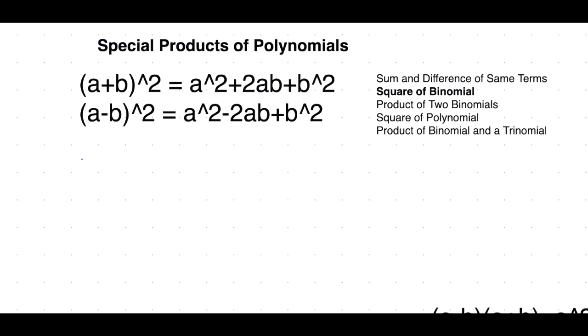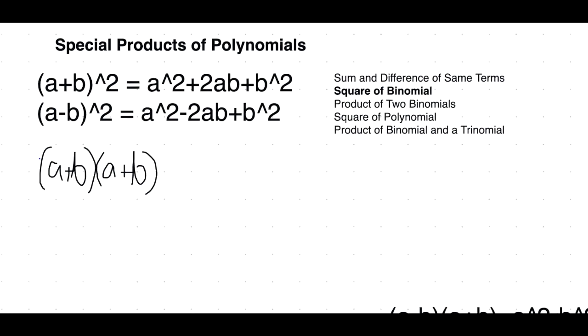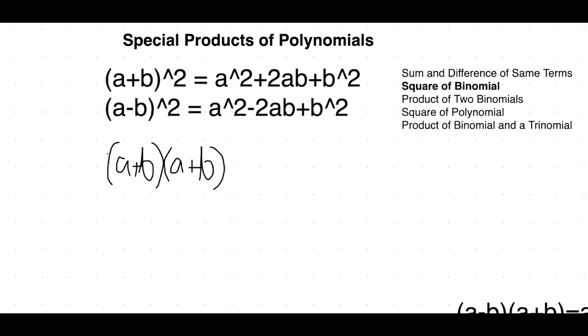Well, when you square something, you multiply by itself. Therefore, A plus B squared is equal to A plus B times A plus B. And this looks a lot like the brackets that we had when doing sum and difference of same terms. And so we know how to multiply out those.